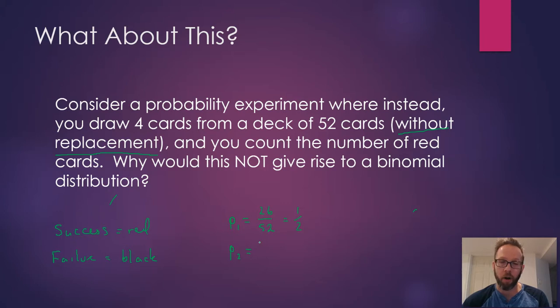Like if we drew a red card, there's 25 red cards left out of 51, but maybe you drew a black card, so there could be 26 red cards left out of 51. And we don't know which one it would be. So right away, our criteria for being a binomial distribution fails, because these are not independent trials. They're dependent trials, because the probability of success keeps changing. So that's important. You can only use the binomial distribution where the probability is the same over and over again.